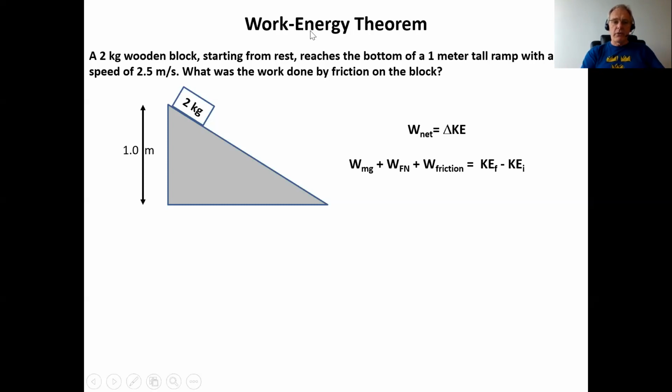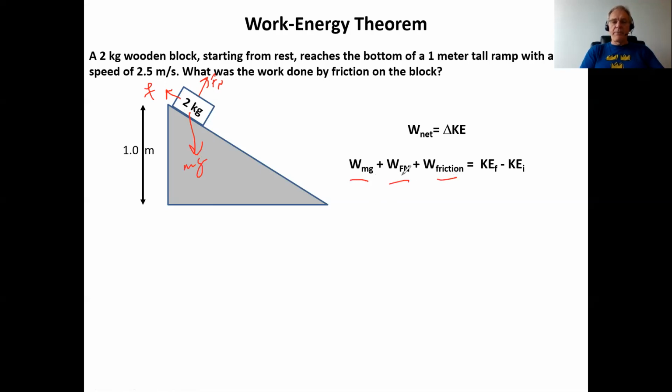We have the work done by gravity, not to forget all the things that we have been doing all year long. We have the free body diagram. We have the force of gravity acting downwards. We have the normal force, the force acting by the surface to keep it from going through the surface, and we have friction, which is opposing the motion as it goes down the ramp. Those three forces can do three separate works.